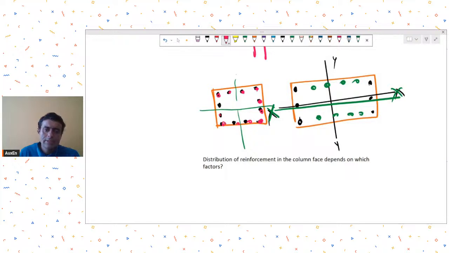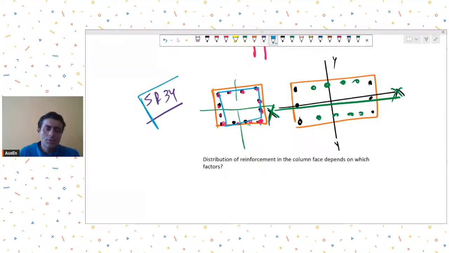Now these spacings have to be decided by the SP34 guidelines, and how you are going to finally provide the links or ties to this column. That is an important criteria in deciding the reinforcement arrangement you will provide.